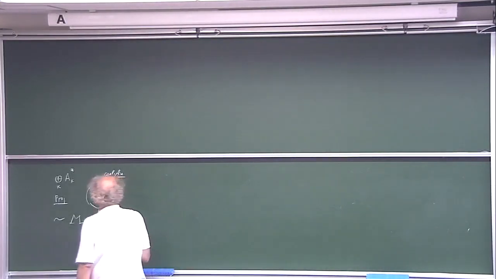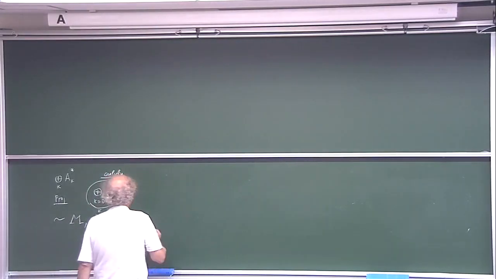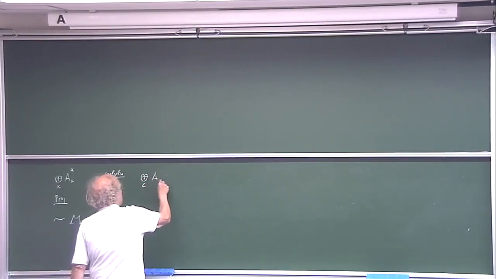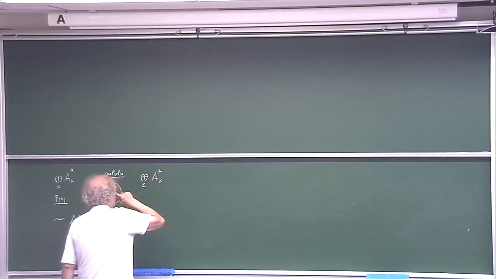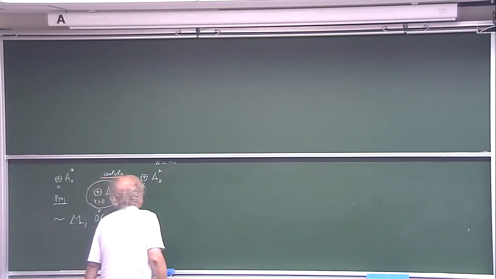Co-algebra, yes, but the question is, what can be a reasonable or handleable model of the commutative algebra, the sum of A_k star? I return to the case when n is infinity.